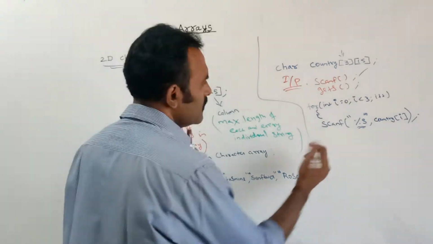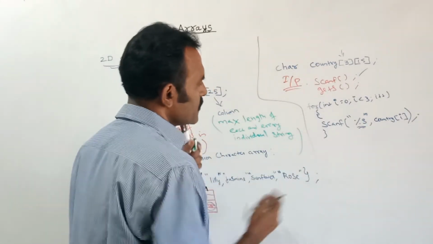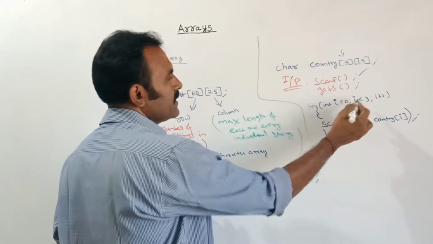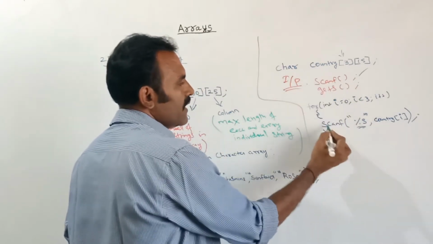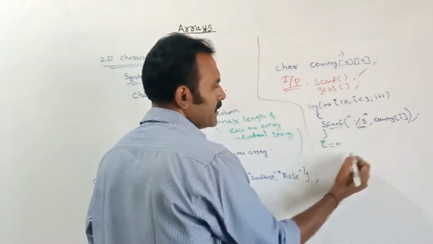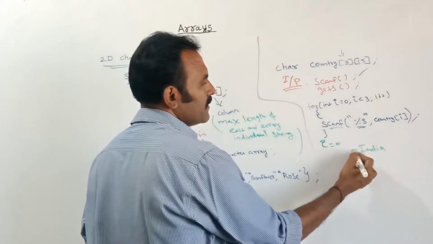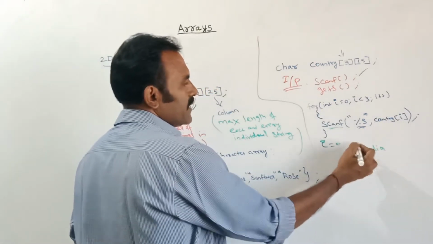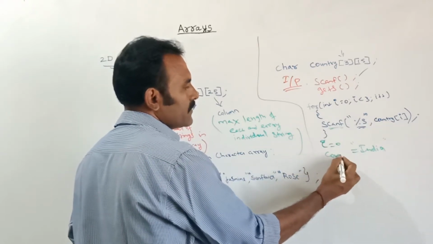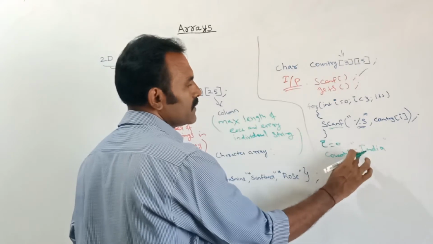So here i is equal to 0, it checks the condition, true, it comes inside. Here I am telling to give the input to the variable country. So suppose if I am giving India, the string India will be stored to the variable country of 0th position.